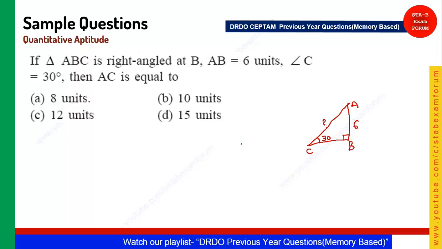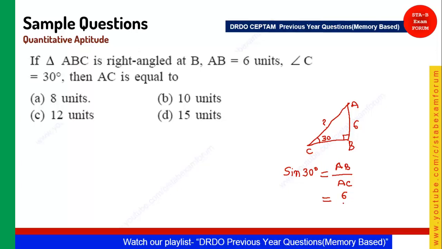You should know the formula of sine. Okay, what is sine theta or sine 30? Sine 30 degrees will be equal to perpendicular upon hypotenuse. This basic formula you should know. What is perpendicular? AB upon hypotenuse, which is AC. Okay, so the length of perpendicular is 6.